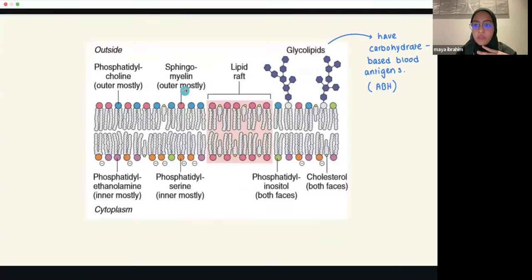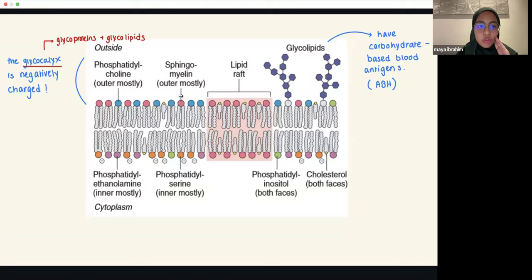RBCs also have these glycolipids on their outer membrane, and these are the ones that determine your blood type, the carbohydrate-based antigens. RBCs also have a protective coat on the outside called the glycocalyx. The glycocalyx is negatively charged. Why is this important? Because if they're negatively charged and there's an RBC next to an RBC, they're going to repel each other.